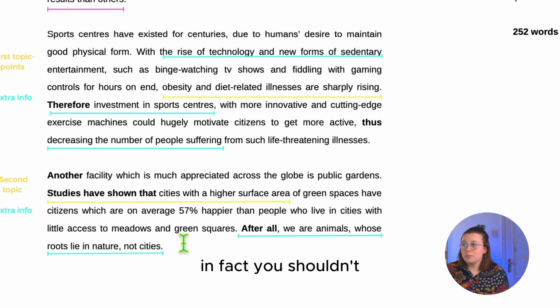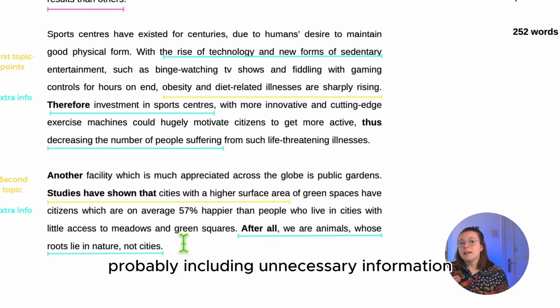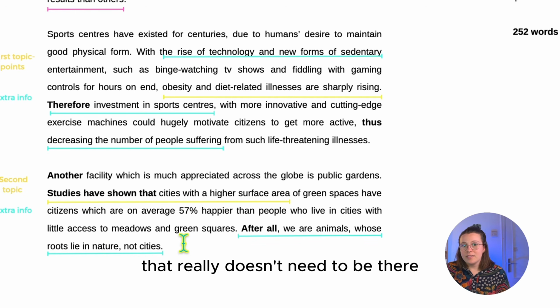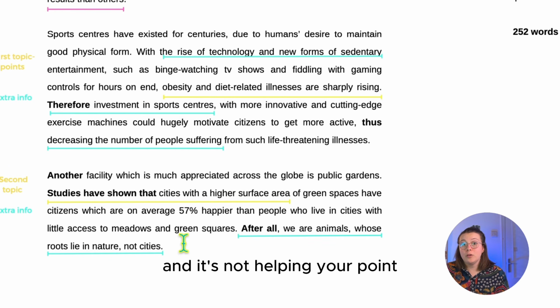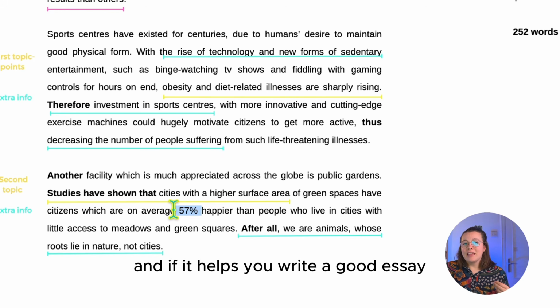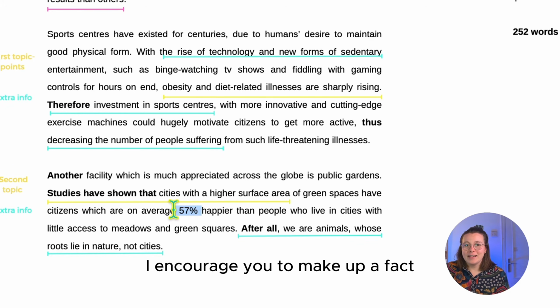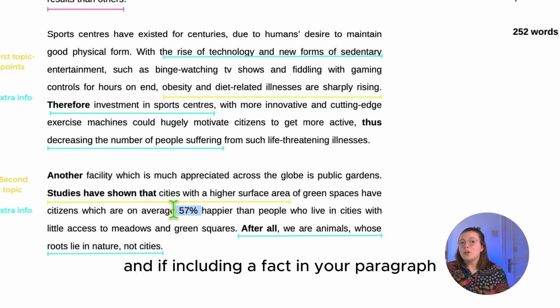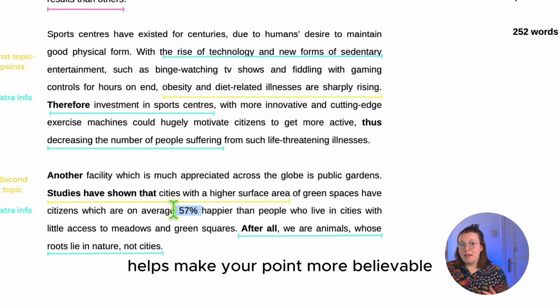In fact, you shouldn't, because if you go over the word limit or if you write too much, it means that you're probably including unnecessary information that really doesn't need to be there and is not helping your point. Now, I completely made up this fact, and if it helps you write a good essay, I encourage you to make up a fact. And if including a fact in your paragraph helps make your point more believable, feel free to do so.